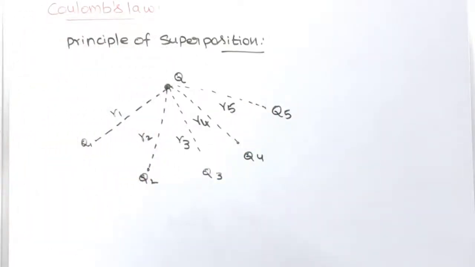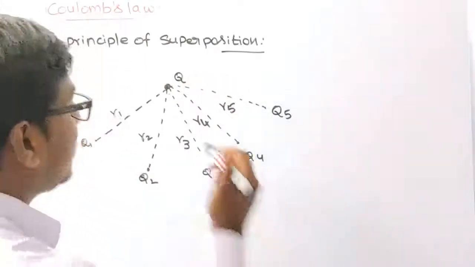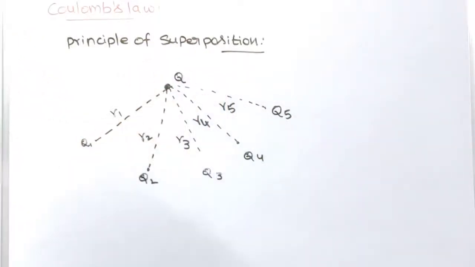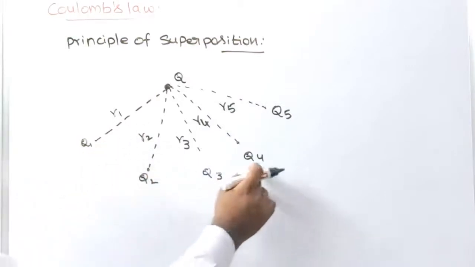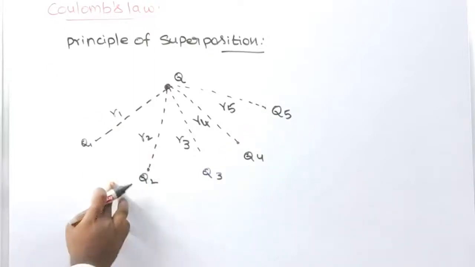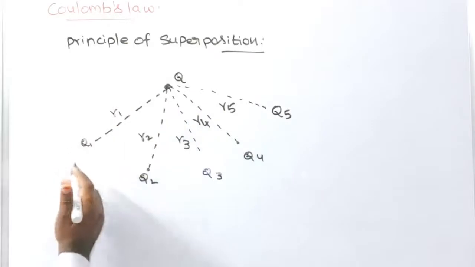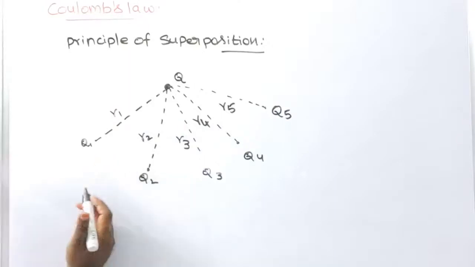The principle of superposition means the total force acting on a given charge q, due to a number of charges, q1, q2, q3, q4 and q5, is the vector sum of the individual forces acting on that charge.